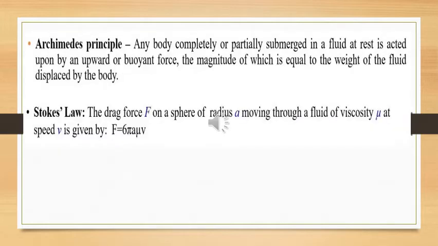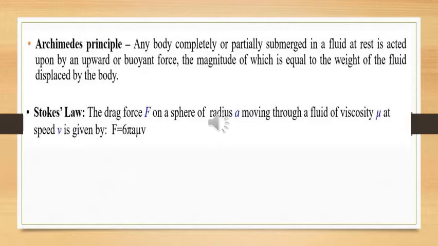The determination of the properties of fluids is attributed to the works of Archimedes and Stokes. So our activity is governed by this principle and law. Archimedes' principle states that any body completely or partially submerged in a fluid at rest is acted upon by an upward or buoyant force, the magnitude of which is equal to the weight of the fluid displaced by the body.